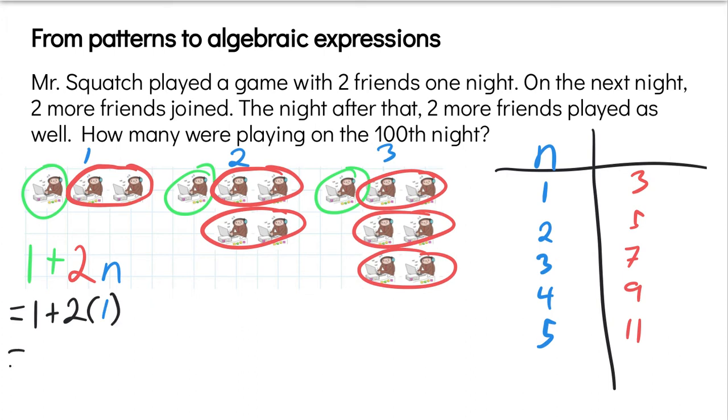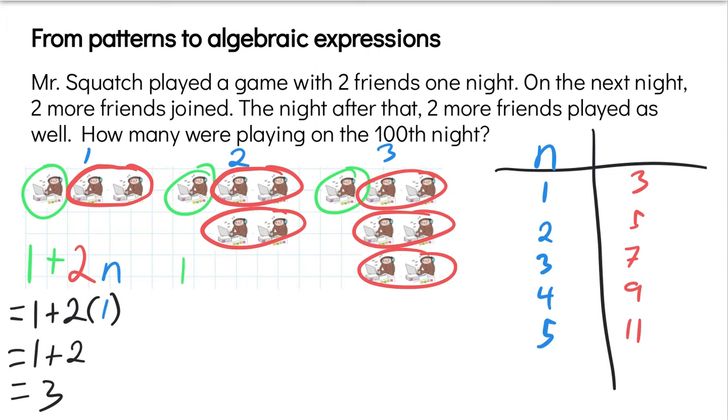Now we do BEDMAS and we make sure that we're doing the multiplication first, right? First brackets, then exponents, then division and multiplication, and that comes before any addition or subtraction. So we write 1 plus 2 times 1, which is 2, and that comes out to 3. Let's see, can we do the same thing for the next one?